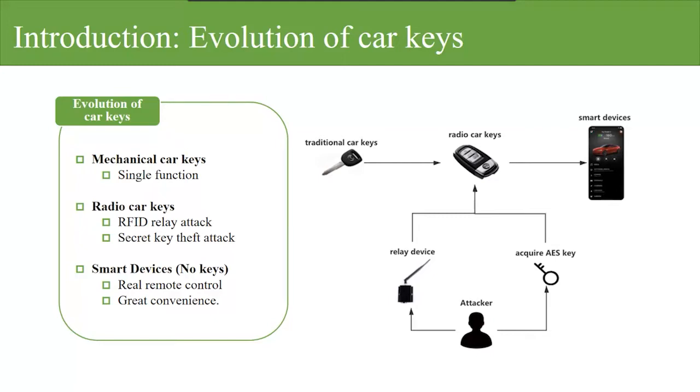Generally, a symmetric encryption algorithm such as AES is used to protect the confidentiality of the message. But some works show these radio car keys are subject to relay attacks. The attacker can actively or passively control the car from a long distance through the relay device.